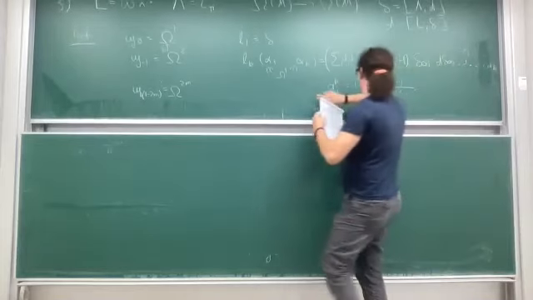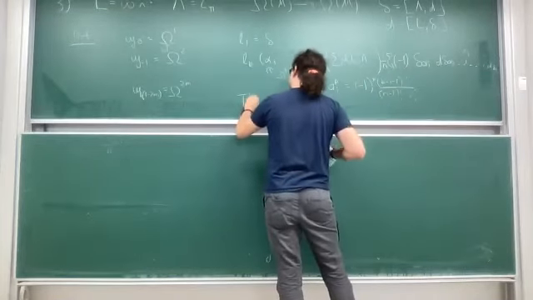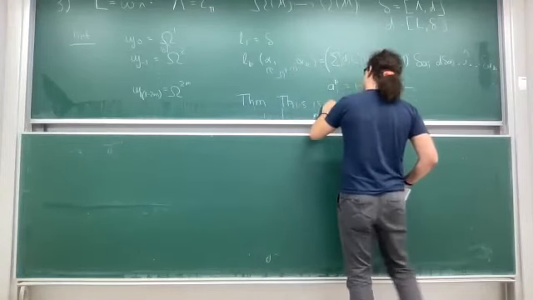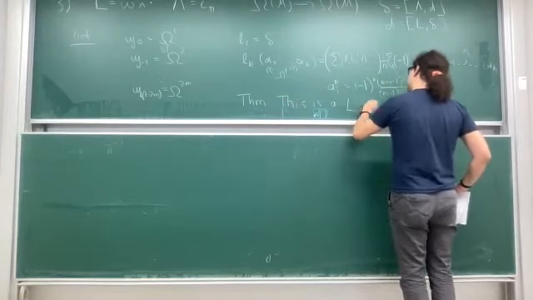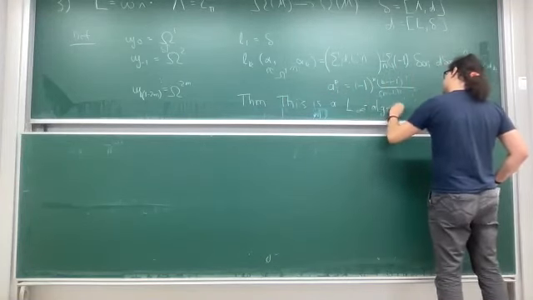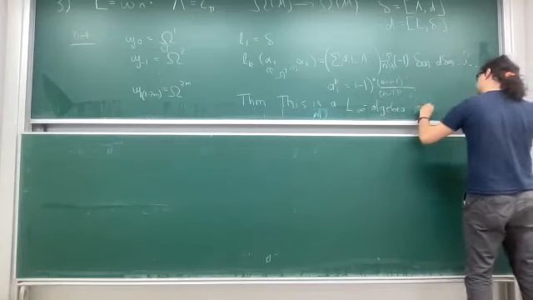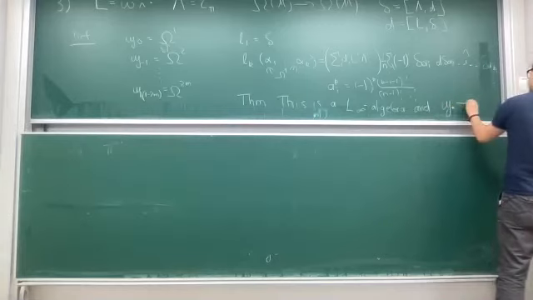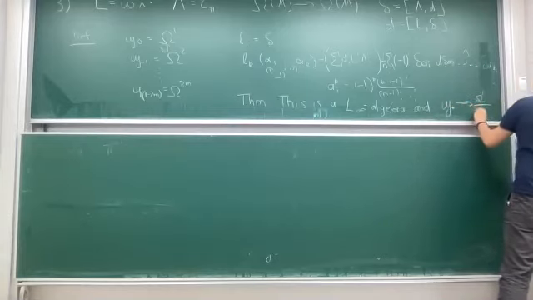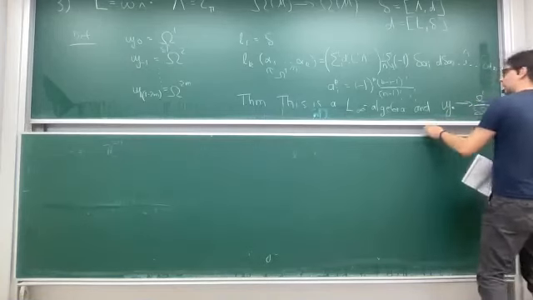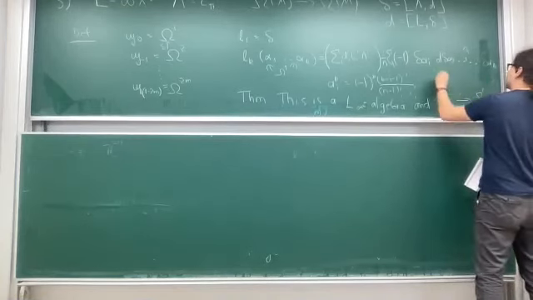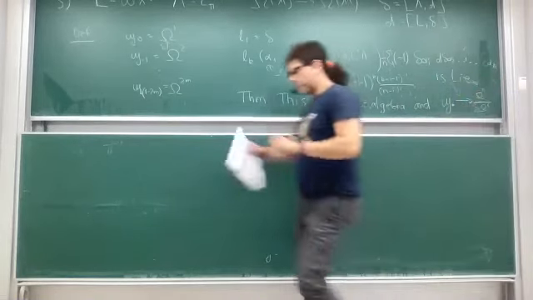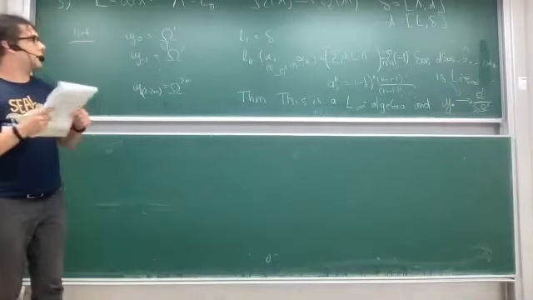Now the theorem is that this is a grounded L-infinity algebra, and the map from g to Omega 1 divided by delta Omega 2 is an L-infinity morphism.